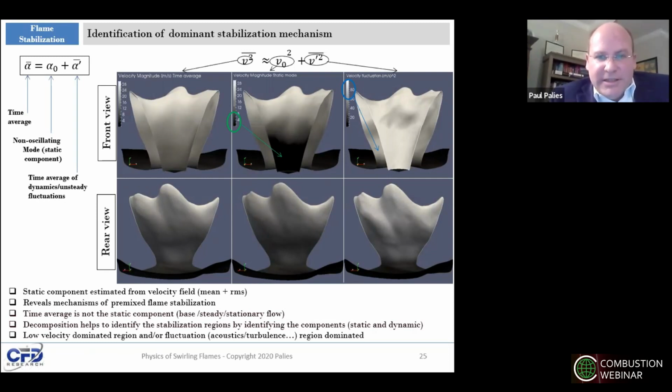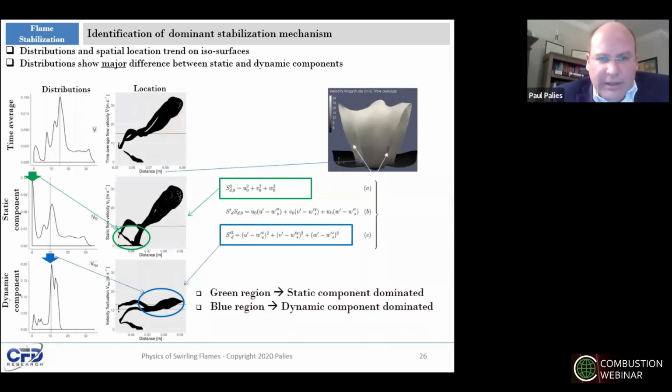So what this shows is that one of the branches of the flame is more in the lower velocity region, where the flame speed will compensate the flow speed, while the outer region is not, indicating there is a competing stabilization mechanism between the two equations we presented in the previous slide.